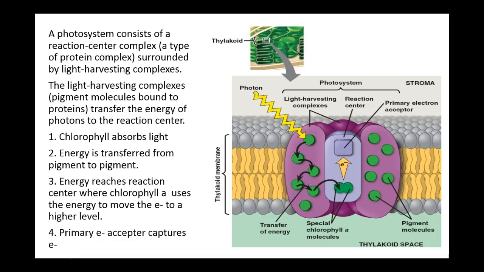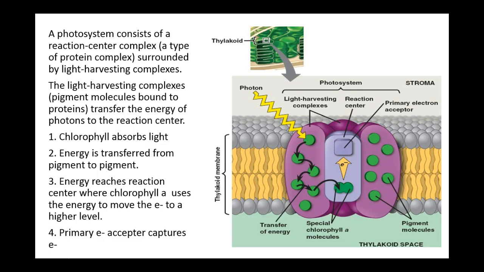So if we look at the left again, chlorophyll absorbs light. That's step number one, the photon going into the green circle. Energy is transferred from pigment to pigment. The energy reaches the reaction center, where chlorophyll A uses the energy to move an electron to a higher level. Then the primary electron acceptor captures that electron.